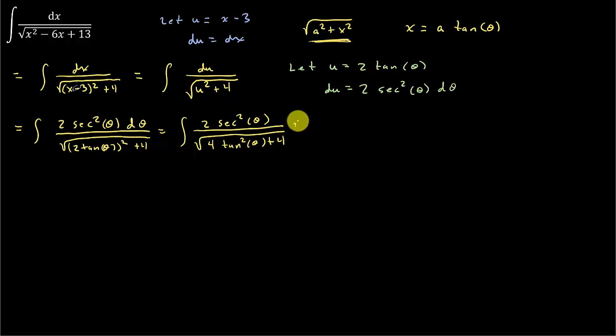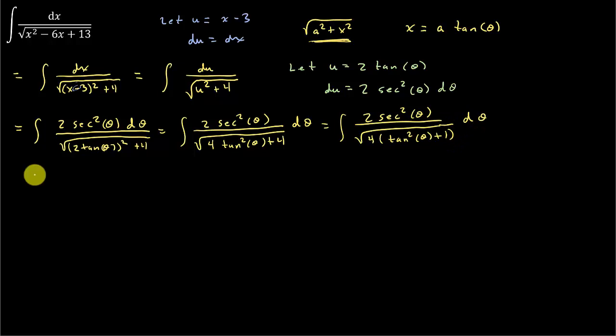I'm going to go ahead and write my d theta out here, taking it out of the numerator. So then we have the integral of 2 secant squared theta over, for this one, we're going to factor out the 4, and that's tangent squared theta plus 1, d theta.